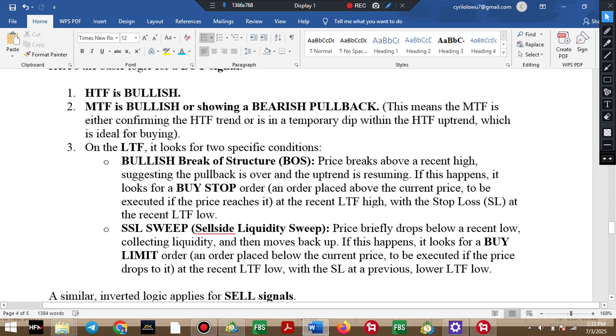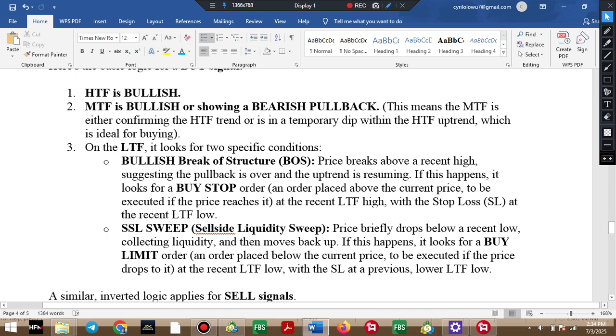Then thirdly, on the lower time frame, it looks for two specific conditions: bullish break of structure, price breaking above a recent high, suggesting the pullback is over and the uptrend is resuming. If this happens, it looks for a buy stop order placed above the current high, to be executed if the price reaches it at the recent lower time frame.